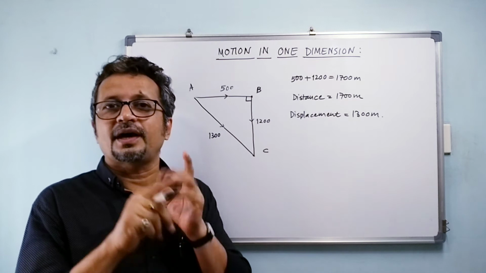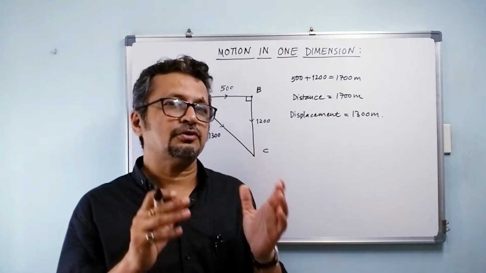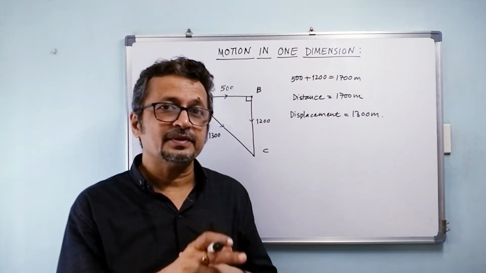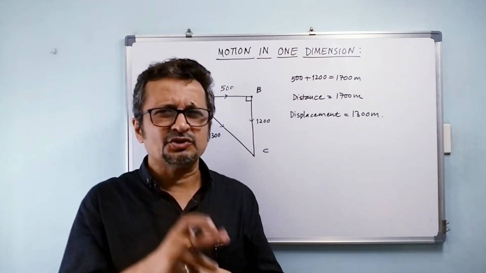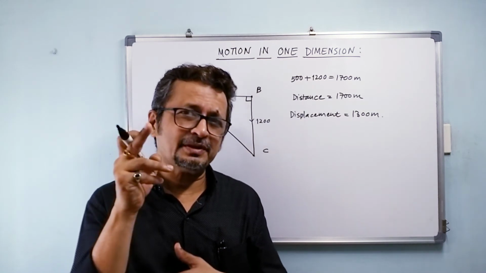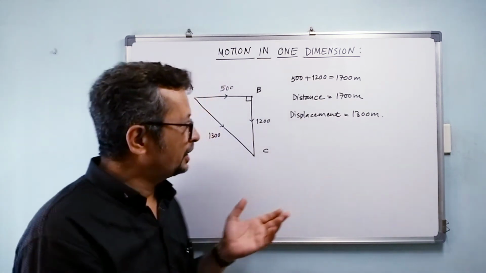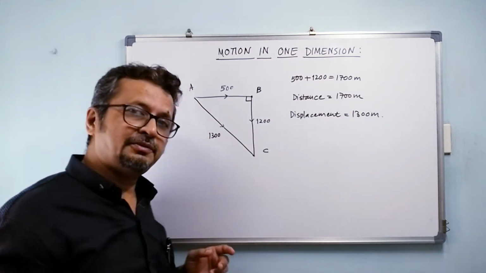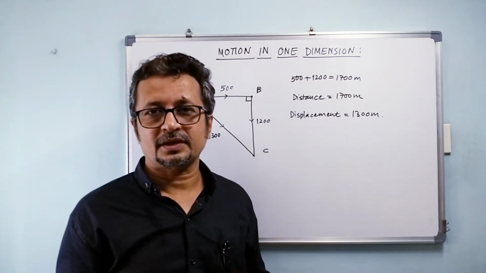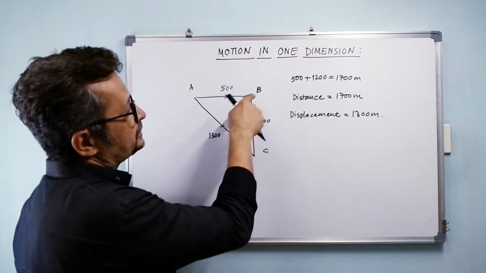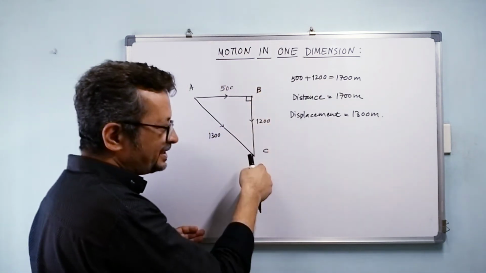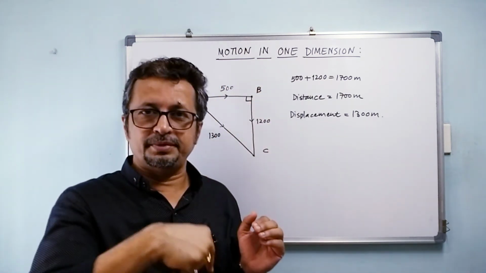Distance is the actual length of path followed by the body, and displacement is the shortest distance covered in a given direction. So is direction important while stating the displacement? Yes, it is, because my displacement of this 1300 meter is in a direction from A to C. Suppose my point B is towards east of A, and point C is towards south of B, correct?